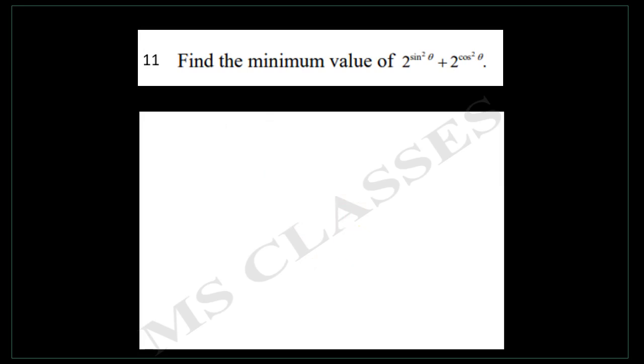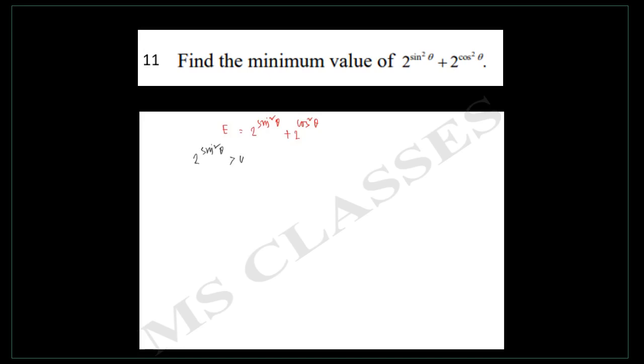Minimum value of 2 to the power of sin square theta plus 2 to the power of cos square theta. So you can think about the expression here, 2 to the power of sin square theta plus 2 to the power of cos square theta. Now children, here 2 to the power of sin square theta is always greater than 0.